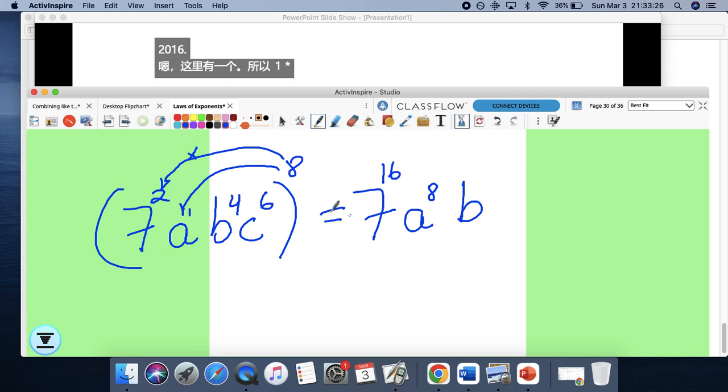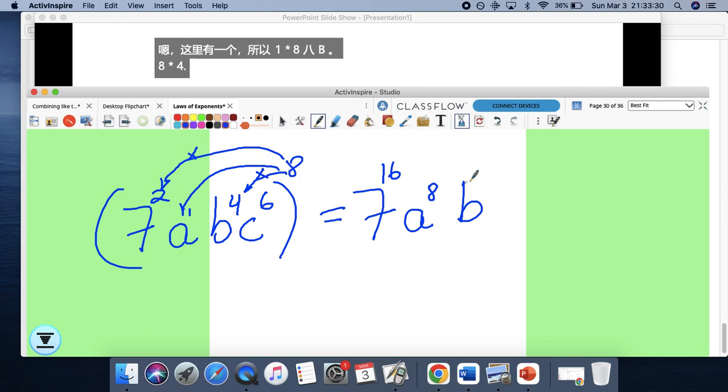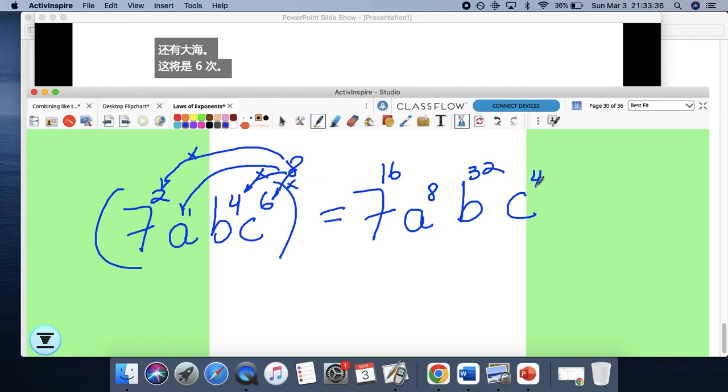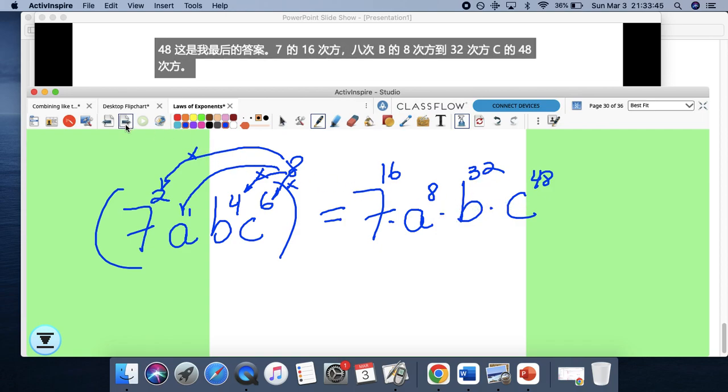The b, 8 times 4, 32. And the c is going to be 6 times 8, which is 48. So that's my final answer. 7 to the 16th power, a to the 8th, times b to the 32nd, times c to the 48. Okay? And we'll talk about negative exponents some other time.